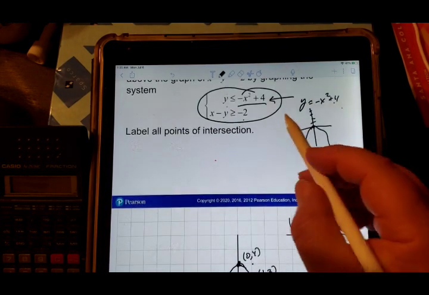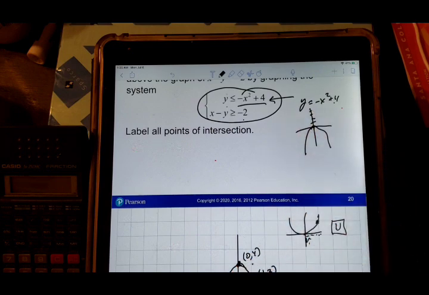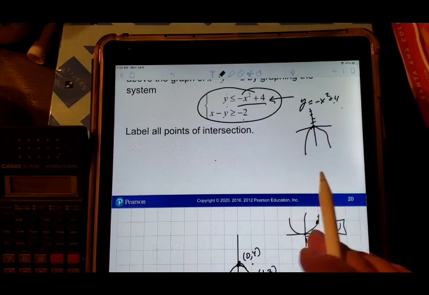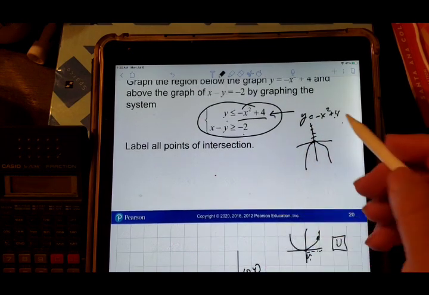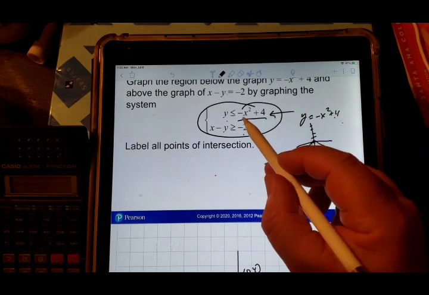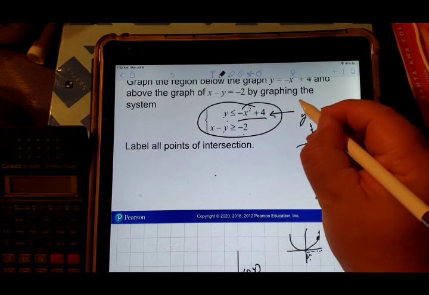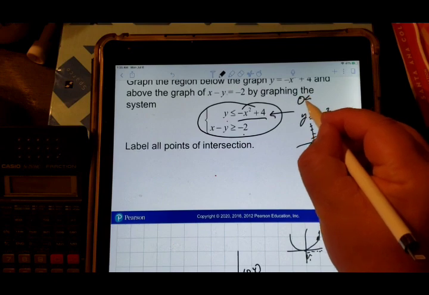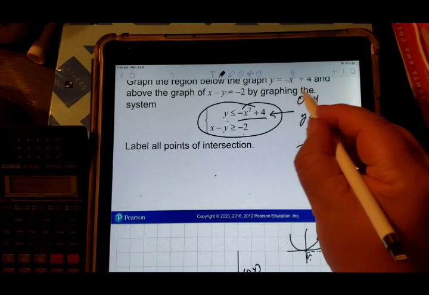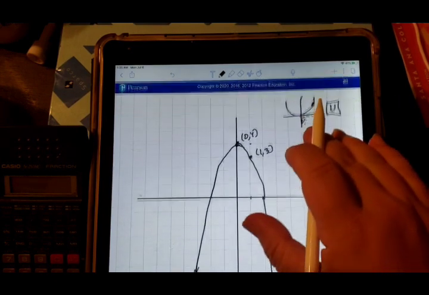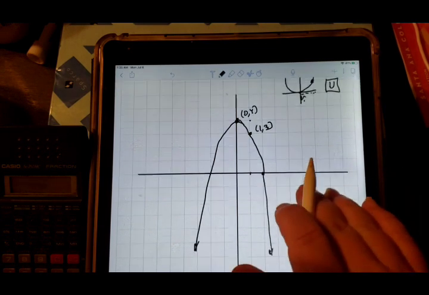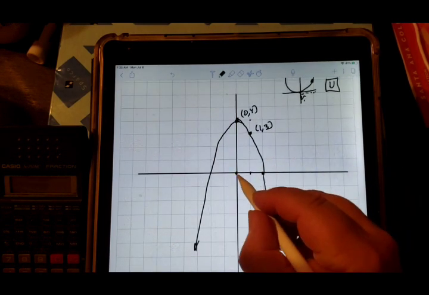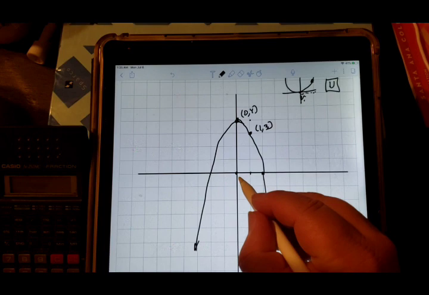All right. Now that I have the parabola drawn, I still need to test it. So back up here. If I test 0, 0, I'll get 0 is less than or equal to 4, which is true. So what I said before is I have my point.